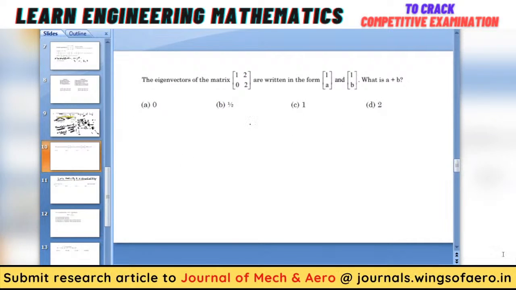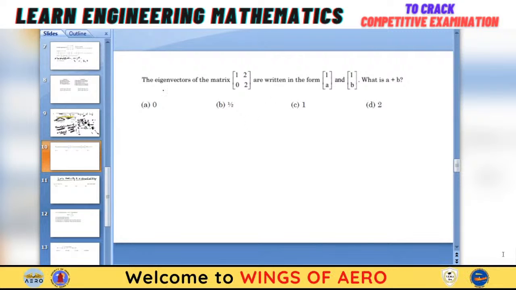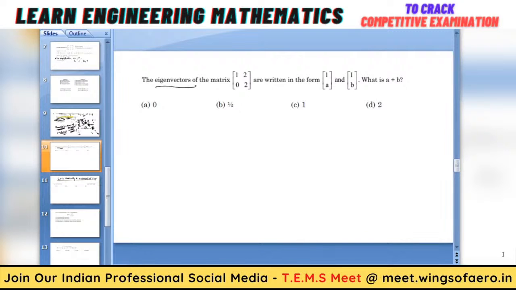Next, the last question of the first unit, the matrix and determinant section, is about finding eigenvectors. So what is an eigenvector? First of all, I am simply discussing what an eigenvector is.